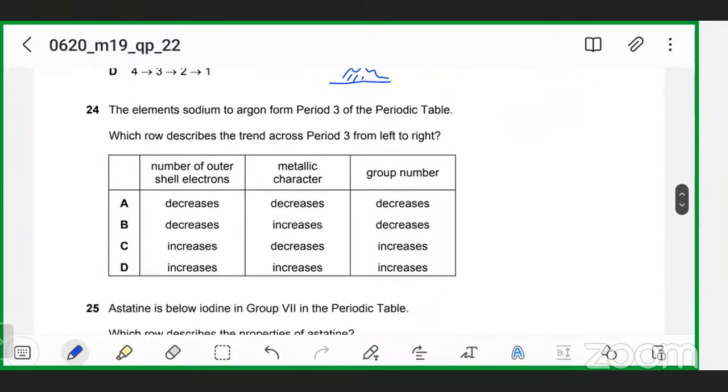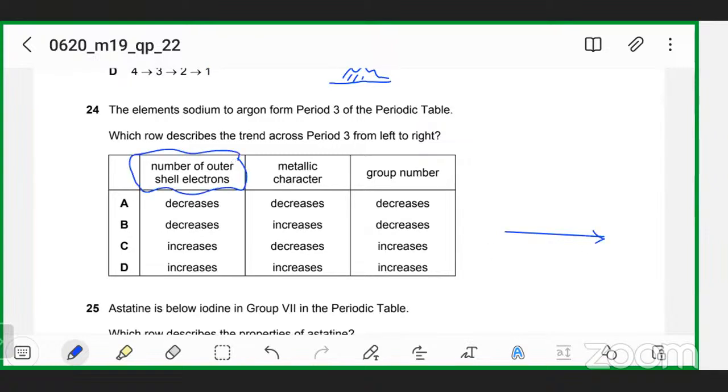So next part, element sodium to argon form period 3 of the periodic table. Which row describes the trend across period 3 from left to right? Period 3 में across the period अगर आप चाहते हो periodic table में, what happens to the number of outer shell electrons?